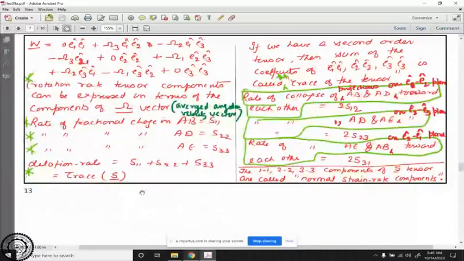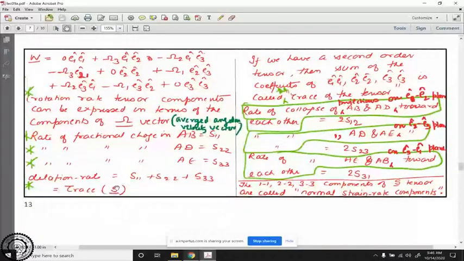Now here, a piece of information. If we have a second order tensor, then the sum of the coefficients of 1,1, 2,2, and 3,3 is also sometimes called the trace of the tensor. So if you have a second order tensor, you take the coefficients of 1,1, 2,2, and 3,3 and add them together.